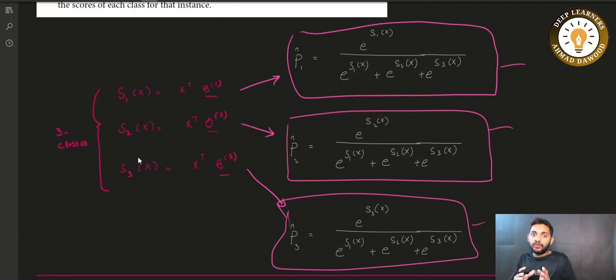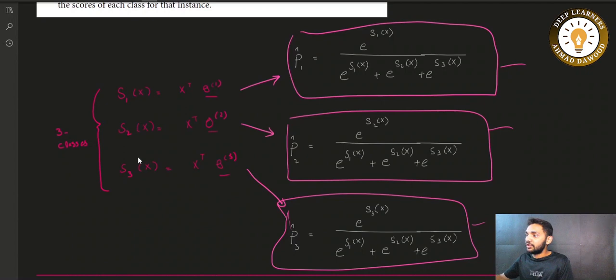Now whenever you train your softmax regressor, you want to find the best 15 parameter values. After the training process is complete, whenever you pass a sample to that softmax regressor, you see which probability is max out of all the probabilities.